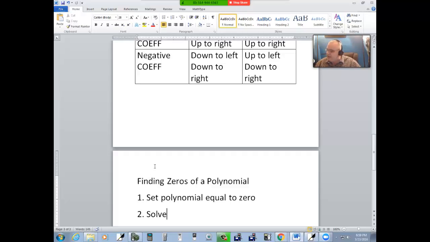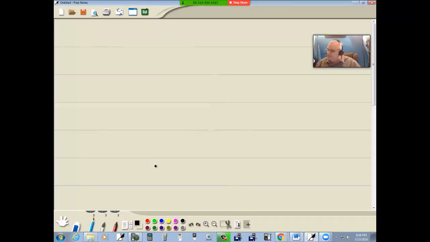Let's take a look at problem number 28. And we've got f of x is equal to x plus 5 to the third power, x minus 4, and x plus 1 squared.